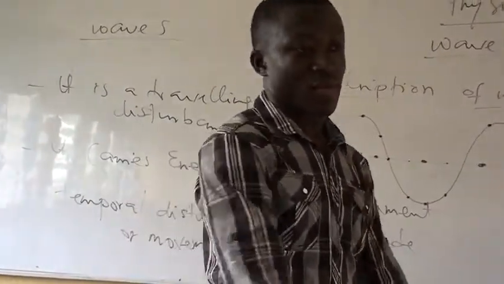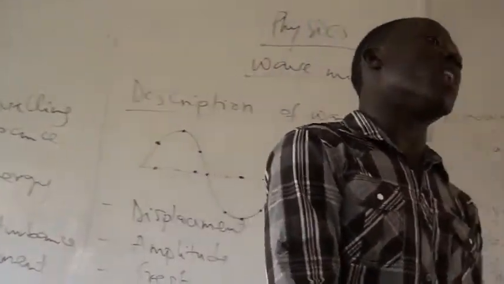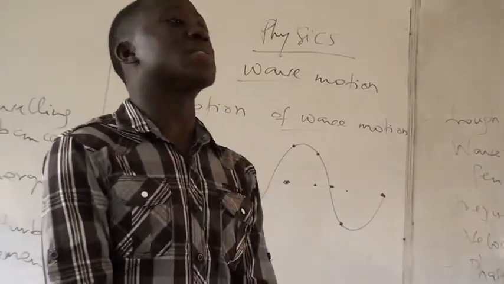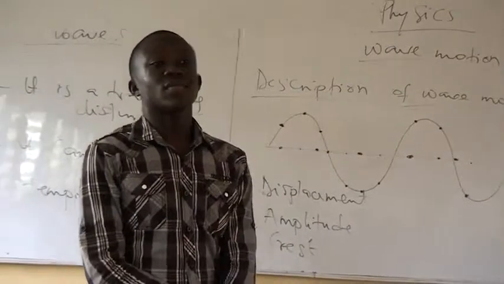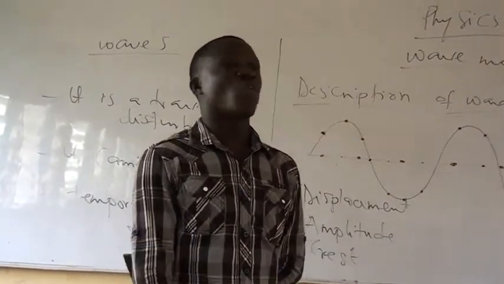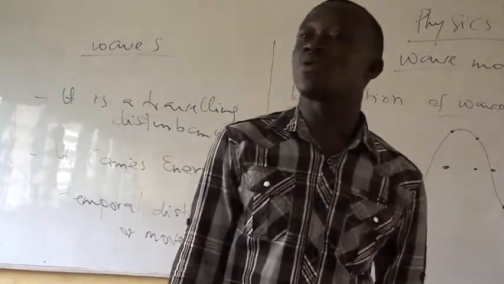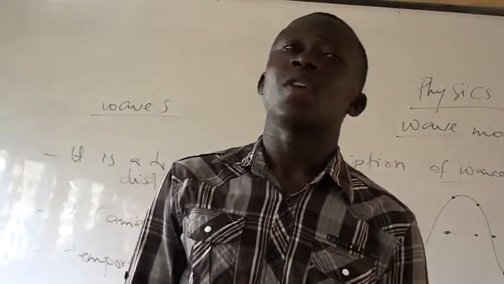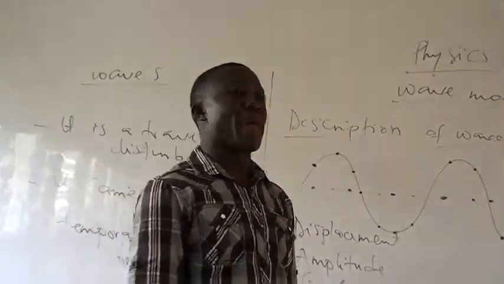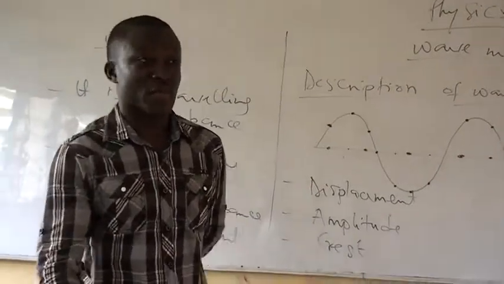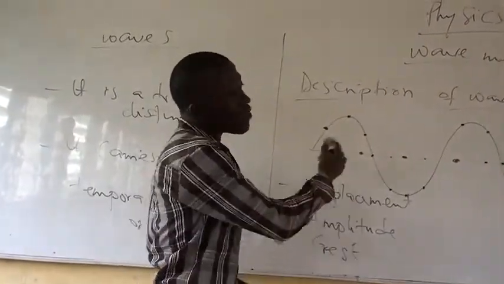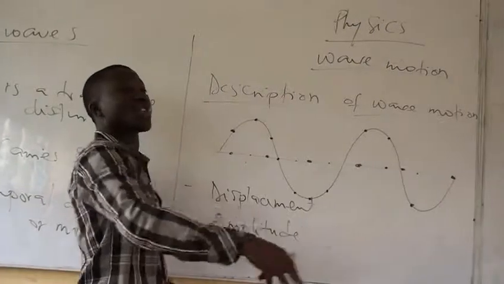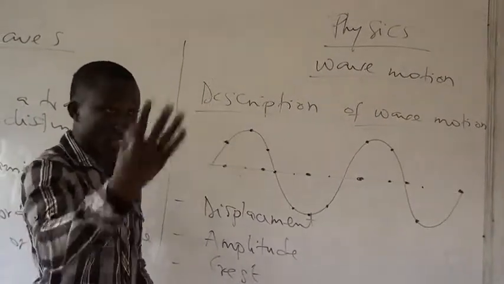Now, generally, from your studies of linear motion, what is displacement? Displacement is the distance covered by a body in a particular direction. Now, in wave motion, we are talking about the particles of the medium and their vibrations.